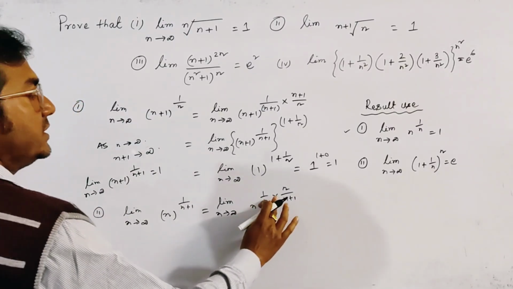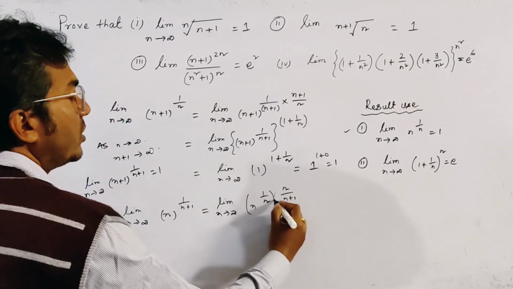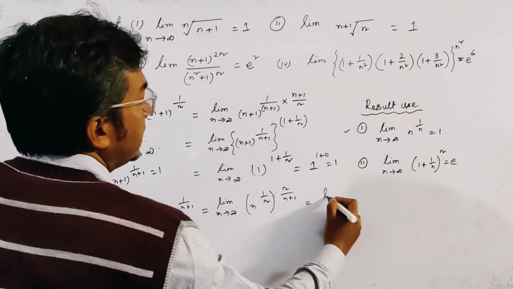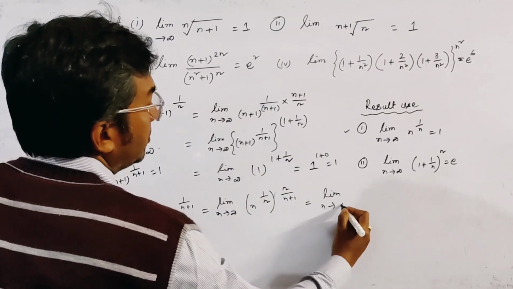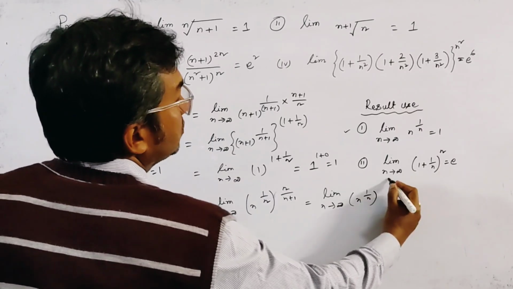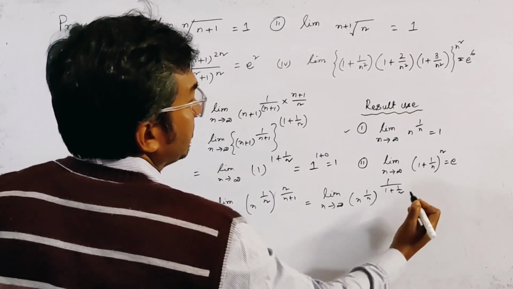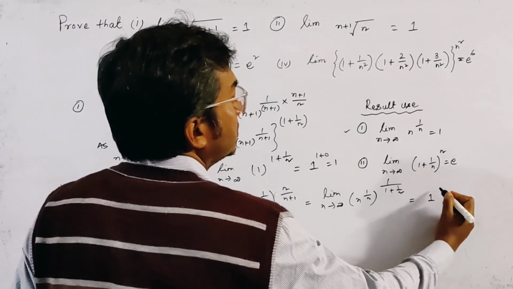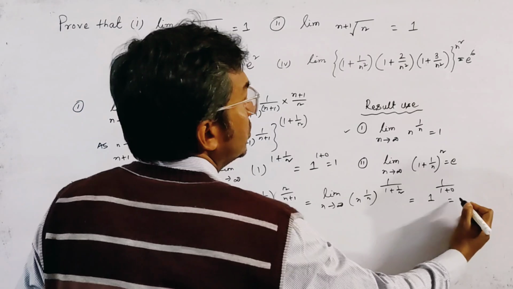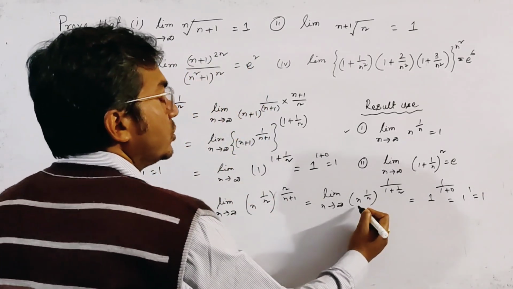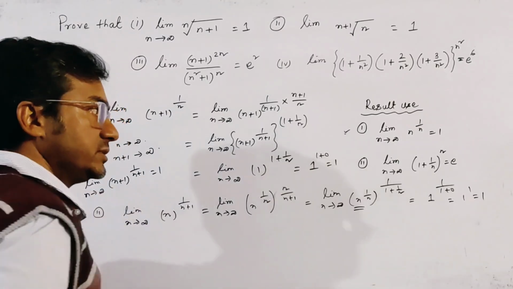This can be written as n to the power 1 by n, whole to the power n by n plus 1, which is n to the power 1 by n, whole to the power 1 by 1 plus 1 by n. So we write this limit as 1 to the power 1 by 1 plus 0, which is 1 to the power 1, so 1. Here also we use the first result.